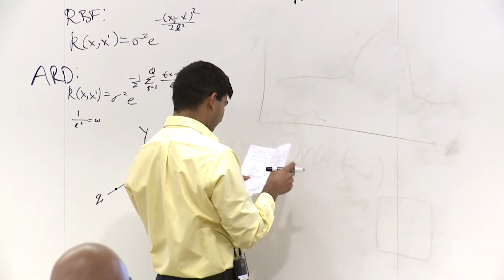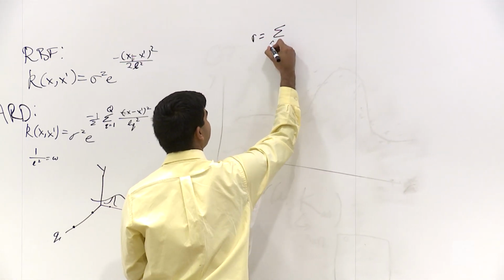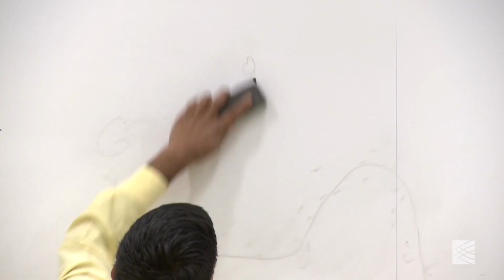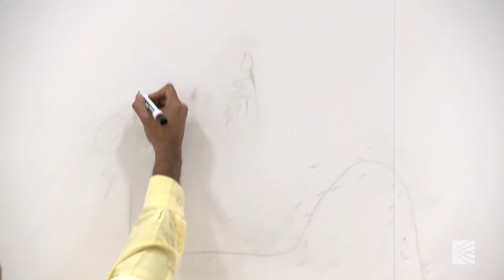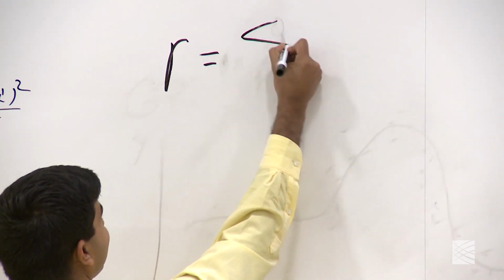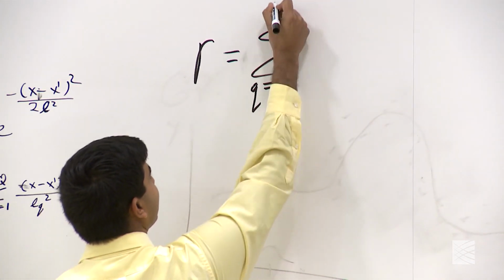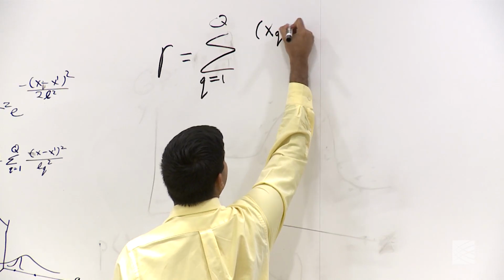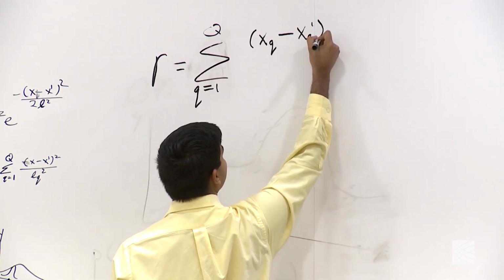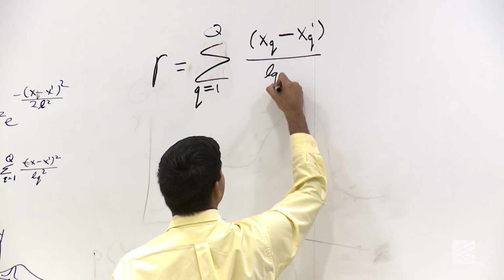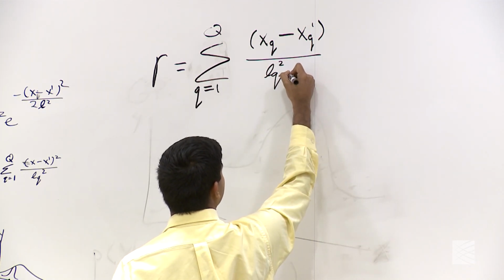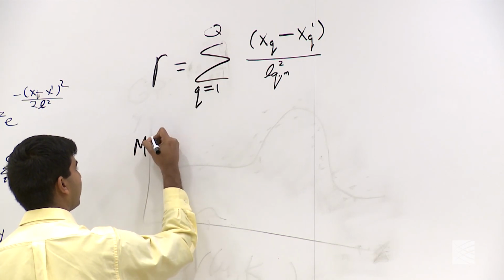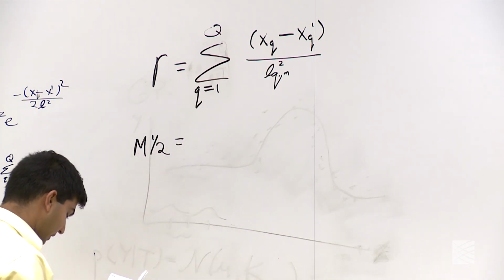So if R is our length scale in ARD form, across M different kernels that we sum up, then we can add these Matern kernels, which have different levels of differentiability.